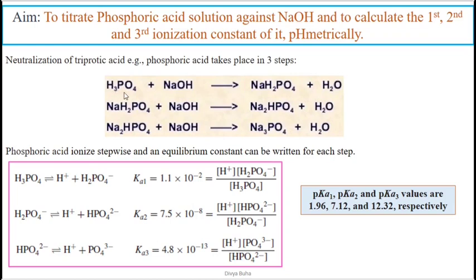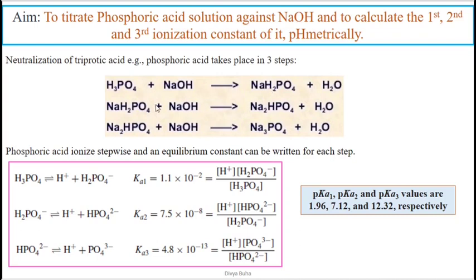So H3PO4, that is phosphoric acid, is a triprotic acid, and since there are three protons, each one of these protons would get titrated against NaOH separately, and the neutralization, or you can say ionization, of phosphoric acid occurs in three different steps. Initially when you take phosphoric acid and start titrating it against NaOH, the first proton out of the three gets titrated and gives you NaH2PO4 plus H2O, that is sodium dihydrogen phosphate.